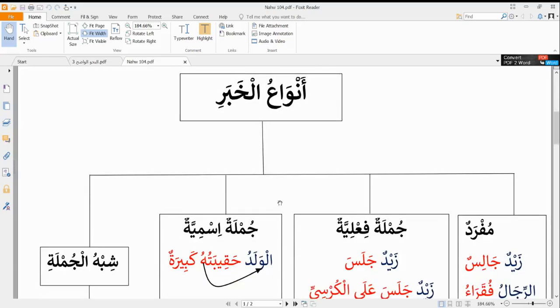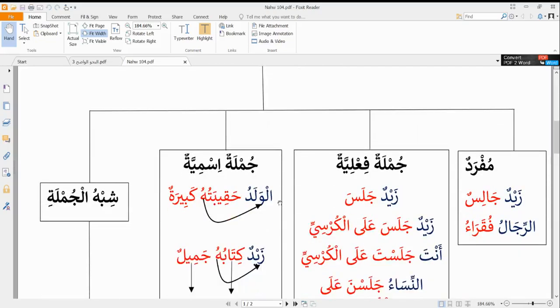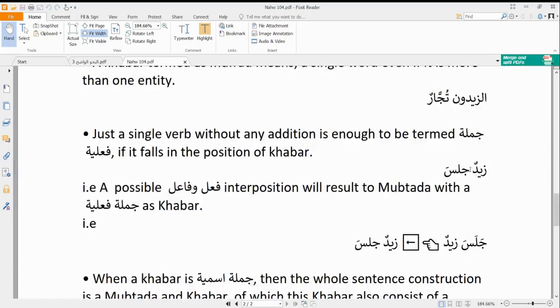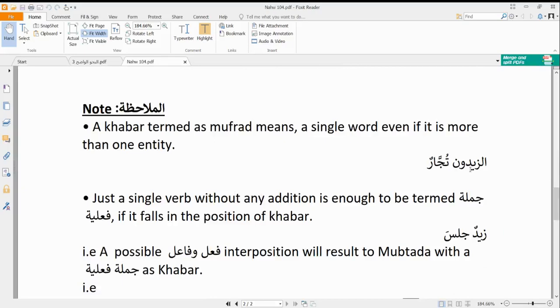And the khabar can be a mufrad. So we are starting from a mufrad here. When we say khabarun mufrad, what we mean is that this khabar is a single word, a pure noun. It is explained here that a khabar termed mufrad means a single word, even if it is more than one entity, even if it is a plural.